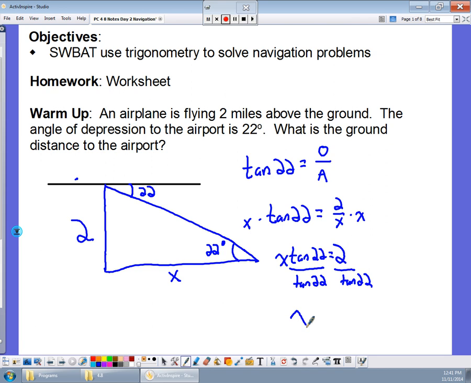Make sure it's in degree mode. So I'll pull that up.